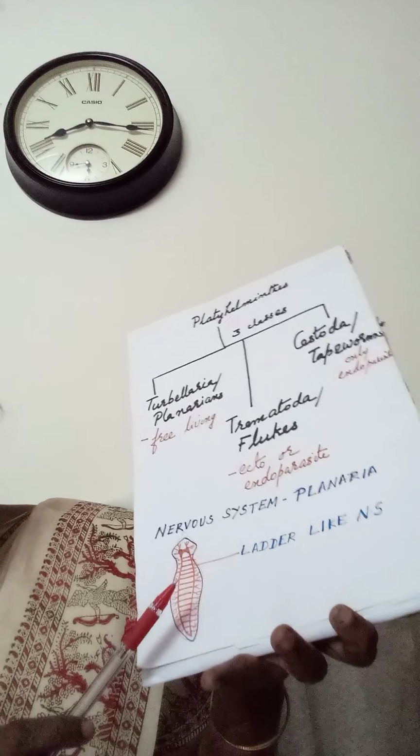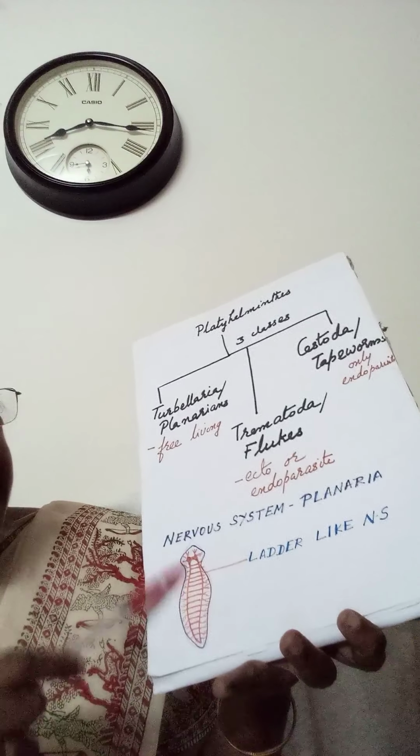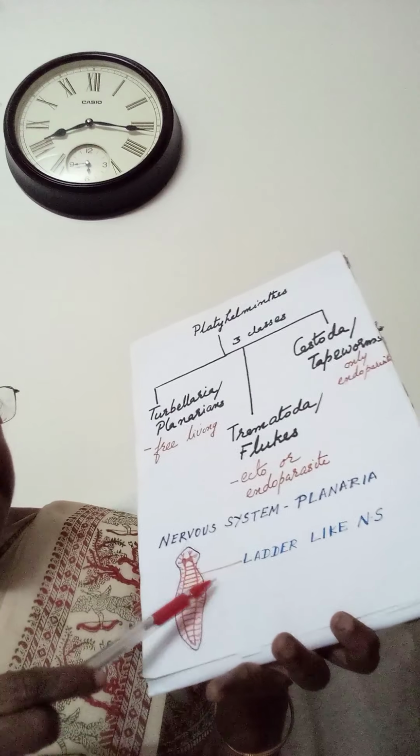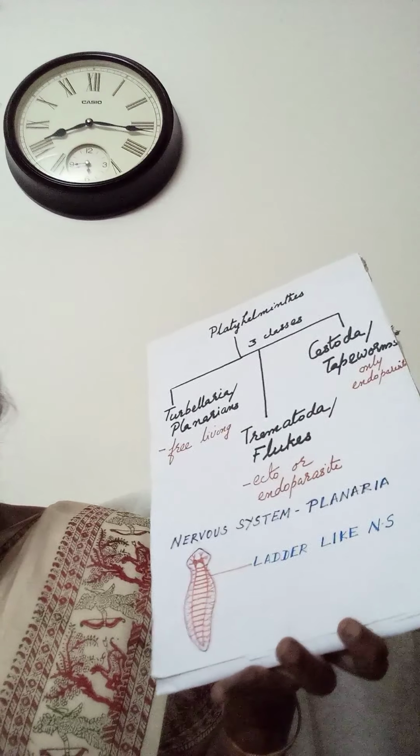That is regeneration capacity. Example, planaria. Planaria has a ladder-like nervous system. See, like this, a ladder-like nervous system.